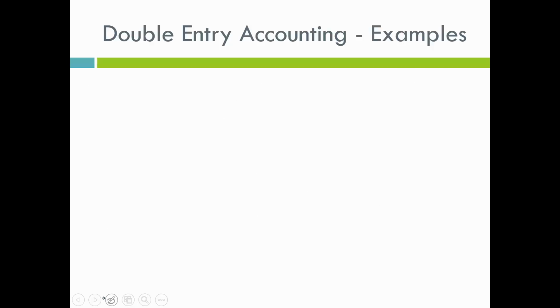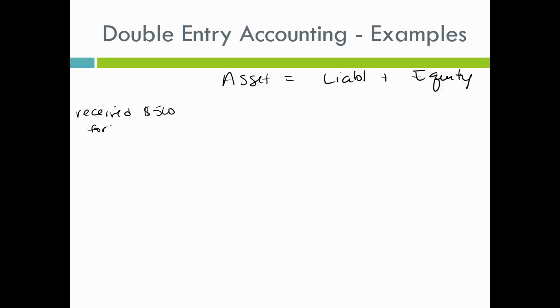So just to do a couple examples of those: assets equal liabilities plus owner's equity. Let's say I received $500 cash for services rendered. Which two accounts? I received cash, that's an asset. So a debit is a plus for an asset and a credit is a minus.